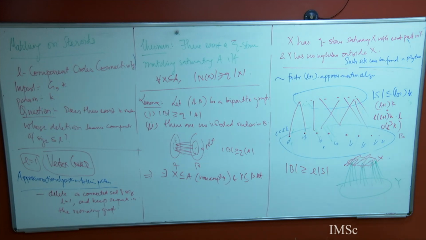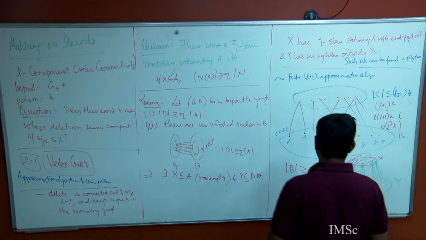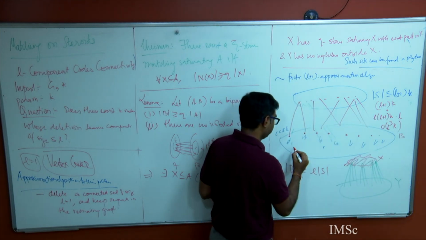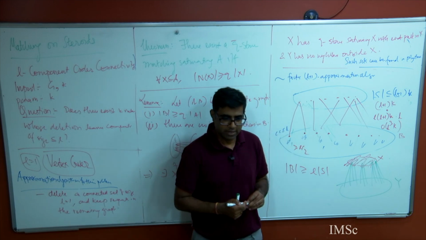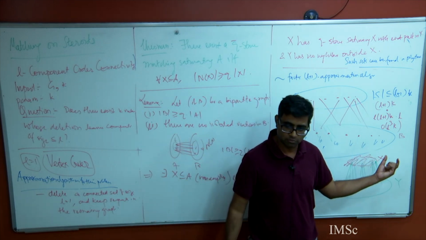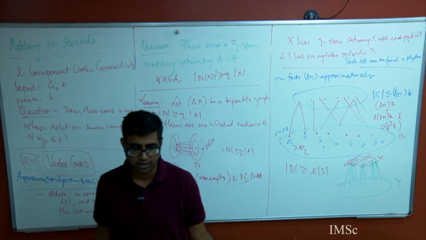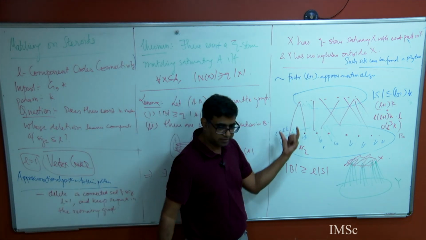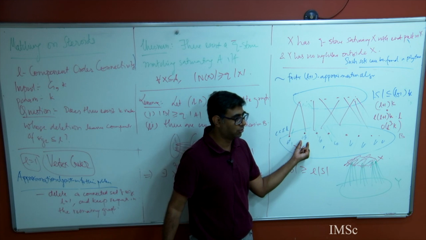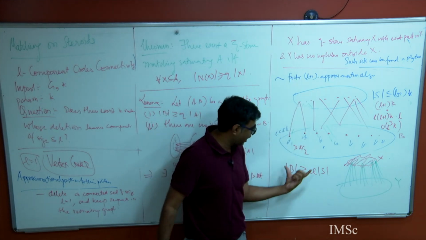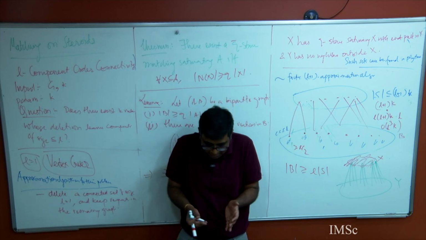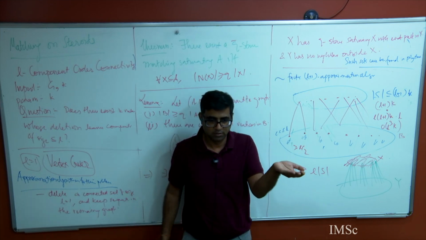I don't know what their sizes are. Suppose you told me that every component has size at least L over 2. Then I am saying let's apply 2-expansion. Why L expansion? Because when I do this, L by 2 times 2 is L plus 1, I need to hit this. The reason I went with 2 is that then only can I guarantee that I have gone beyond L plus 1, right?